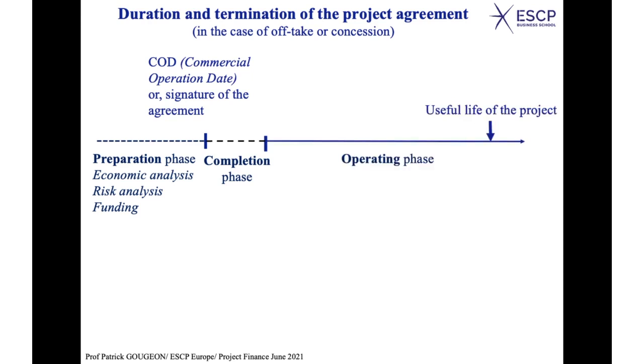And then you have the operating phase. Well, what is the end of the operating phase? The first concept which we will introduce is what we call the useful life of the project. During how many years can you really operate the project? If it's a wind farm, it's very difficult to know how long you can use a wind turbine.